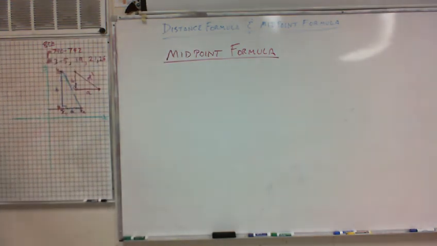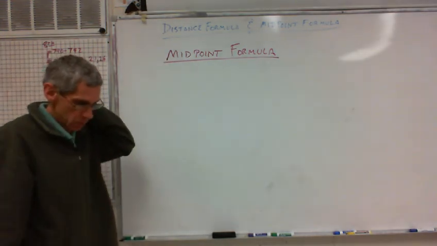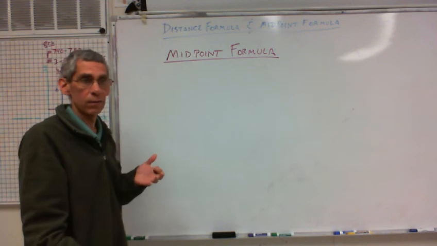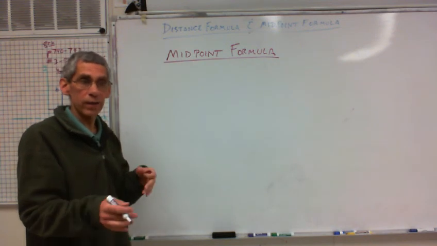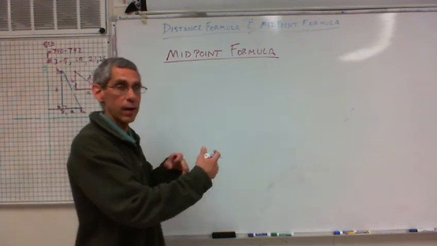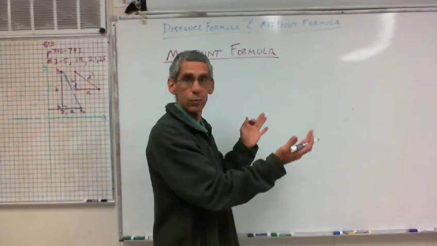All right, let's say, let me think here. You have 2 points again, right? So when I have 2 points, I have an x1, y1, and I have an x2, y2, right? 2 points.